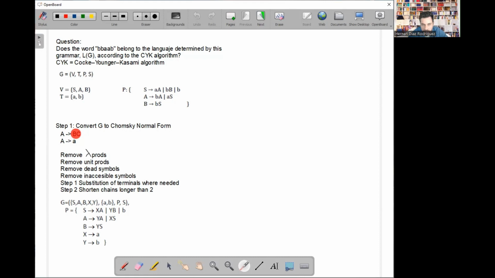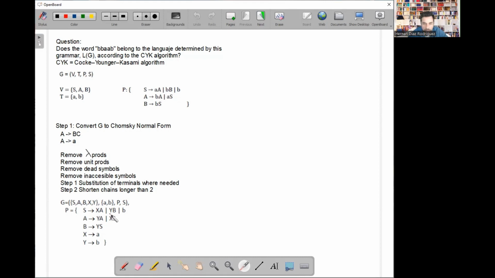As you can see here, it should be two variables and not a terminal and a variable. So we are going to introduce two new variables, X and Y, to replace lowercase a and lowercase b in these productions, right?